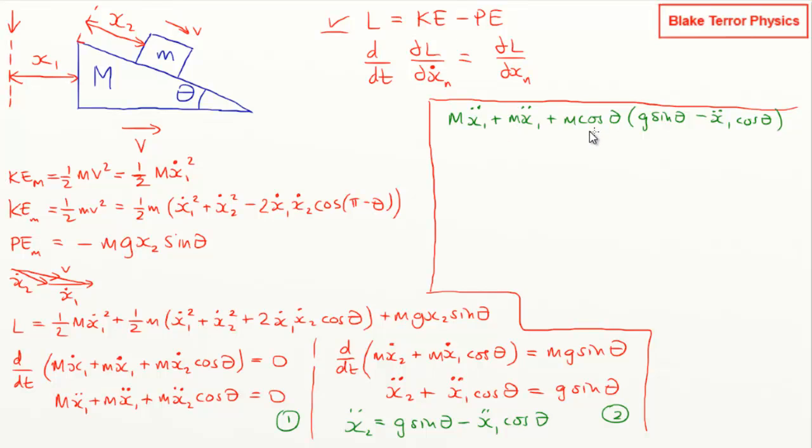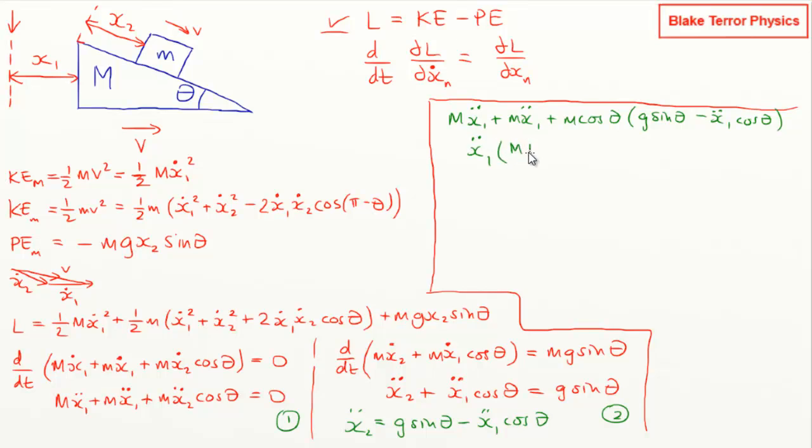So we've only got x1 double dots in this. We can rearrange all of this to make x1 double dot the subject, the acceleration in the x1 direction. So how many x1 double dots have we got in all of this?